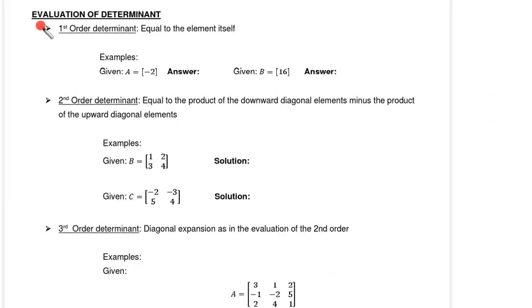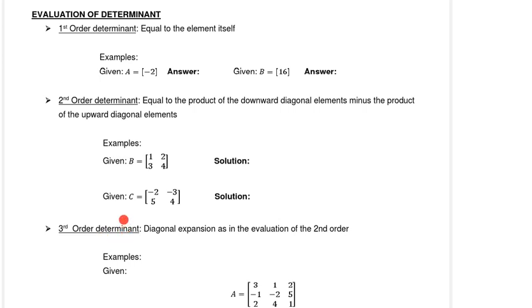So next, we have here the evaluation of determinants. So we have here the first order determinant, the evaluation of the second order determinant, and the evaluation of our third order determinant.